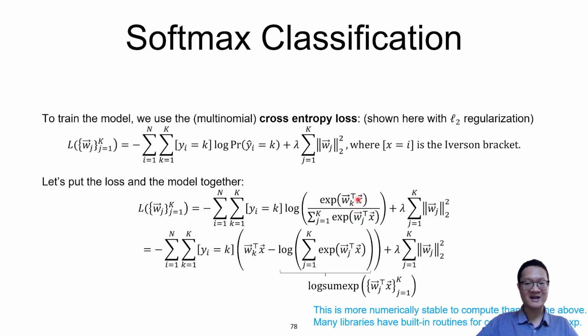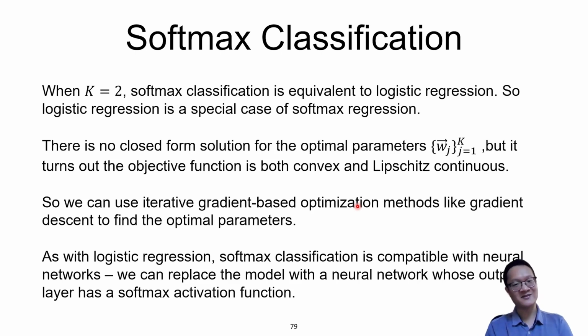If we start to replace X with a learnable feature, and make this W transpose X a neural network, then it becomes a neural network with softmax, or a sigmoid activation, at the last layer. And in that case, the function will not be convex anymore, right? But in either case, we can use iterative gradient-based optimization methods to find the optimal parameters.